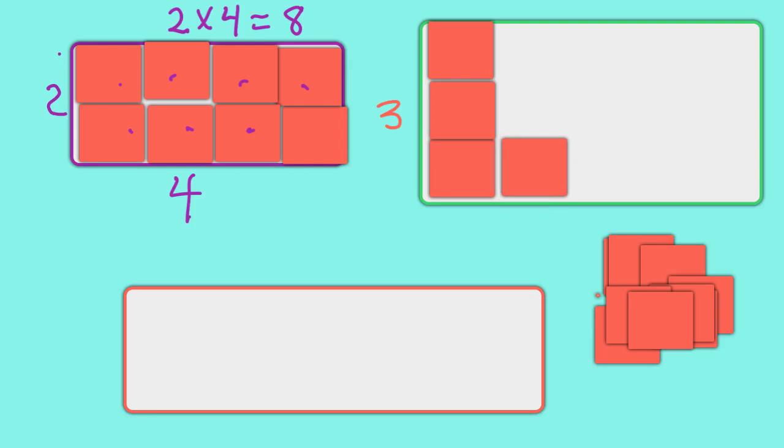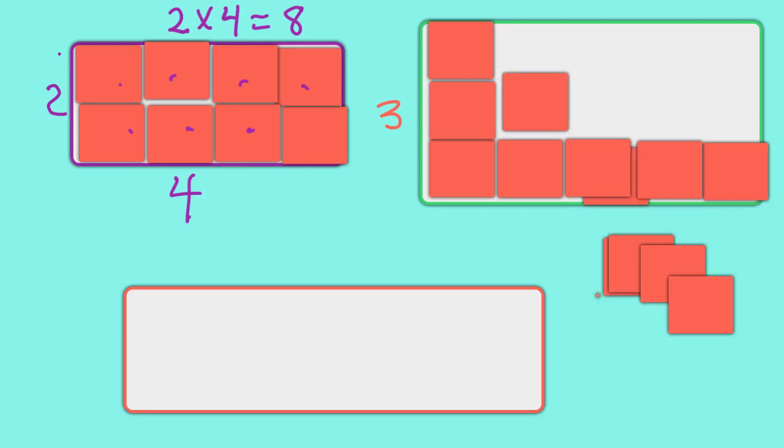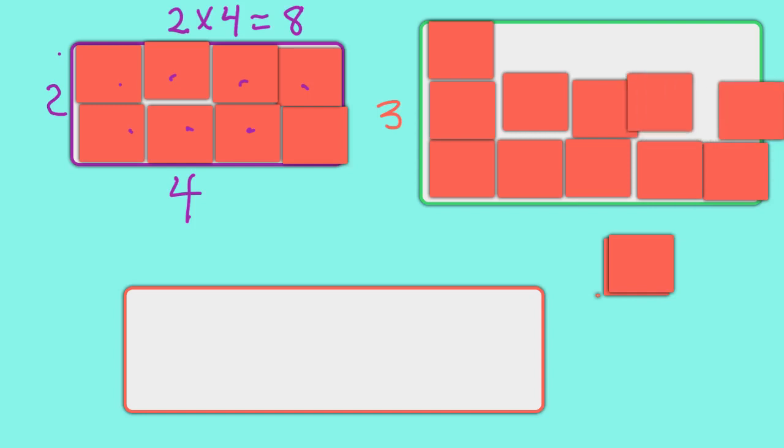And let's see how many across. 1, 2, 3, 4, 5. Okay, we can go ahead and fill the rest if we want to, but we already know that each row is going to have 5.